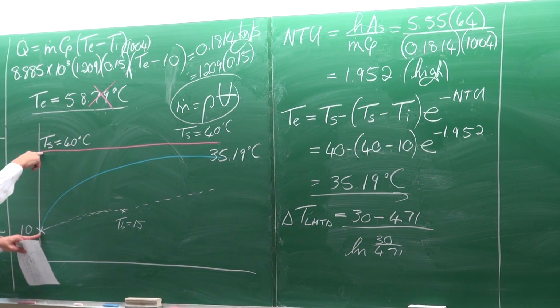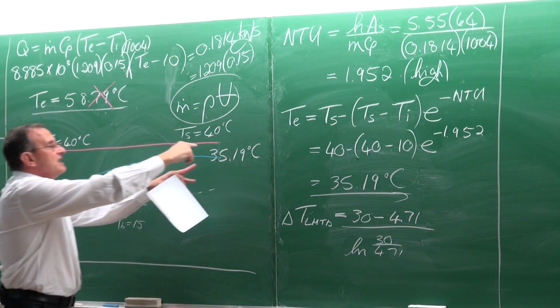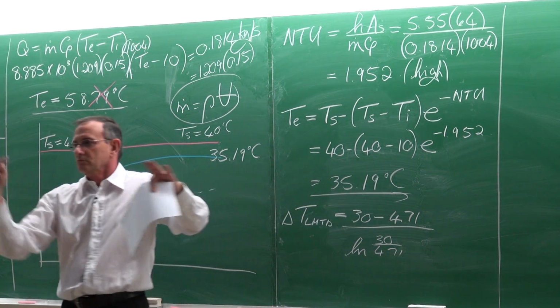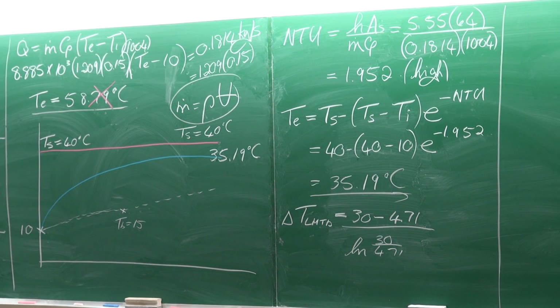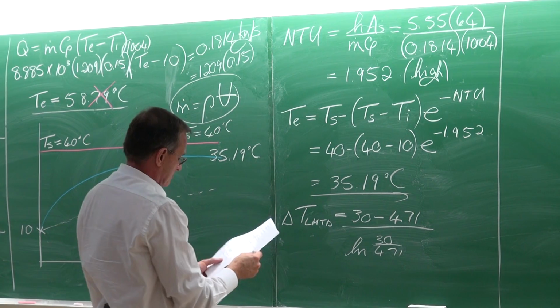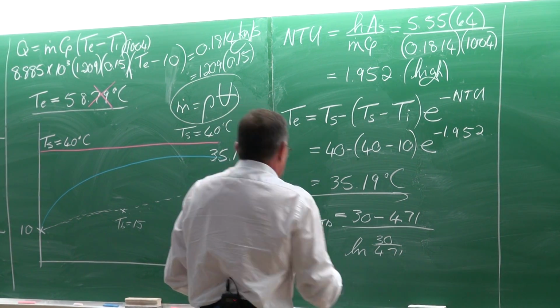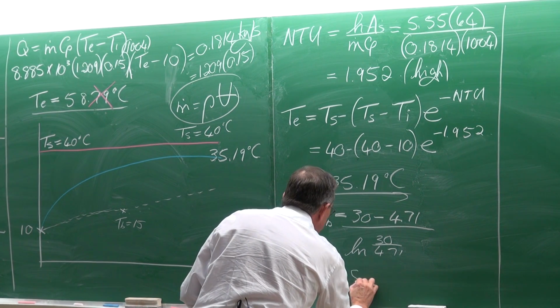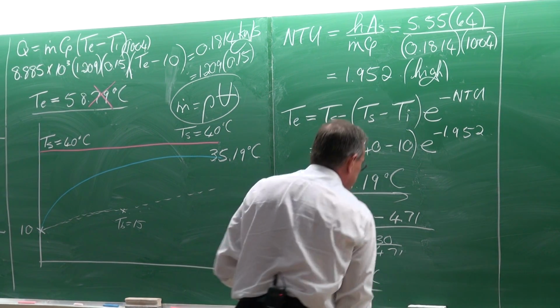So it's this temperature difference minus that temperature difference, and the ln of these two terms, you just divide by them. And that is equal to 31.8 degrees Celsius.